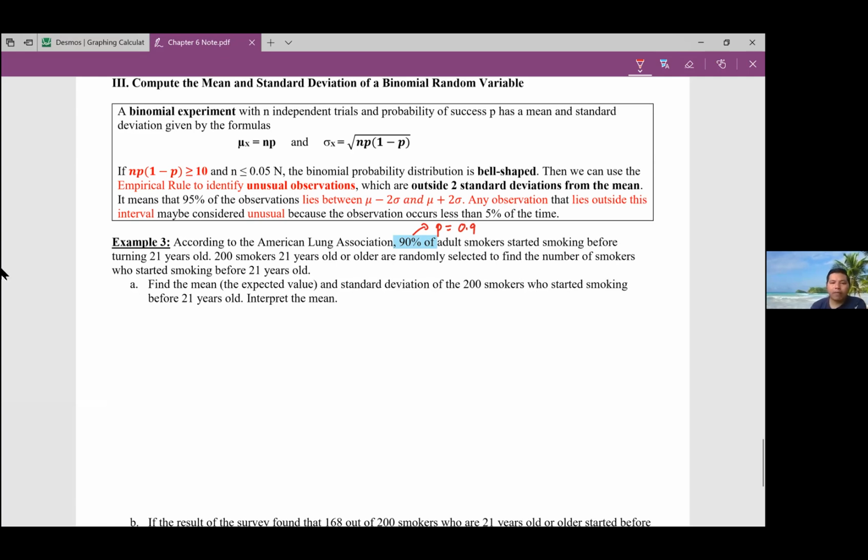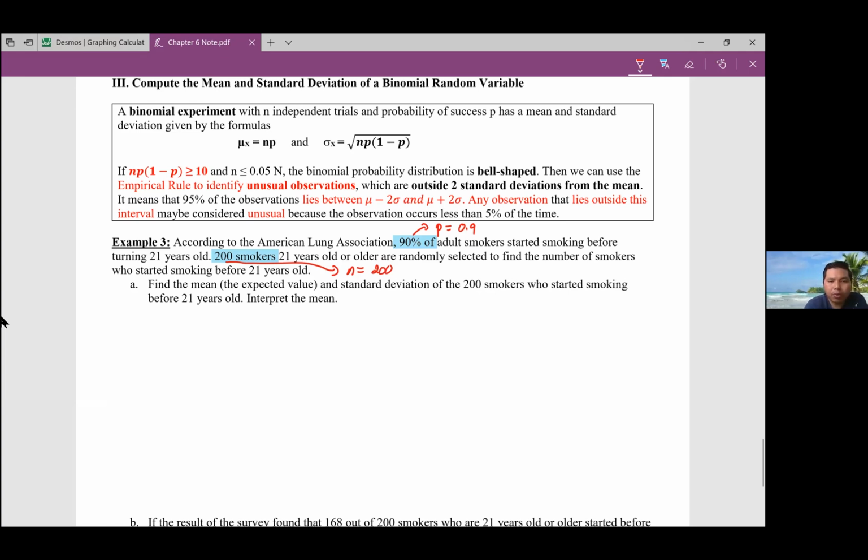So that would be my sample size right there. So n equals 200. So find the mean and the standard deviation of the 200 smokers who started smoking before 21 years old, right?